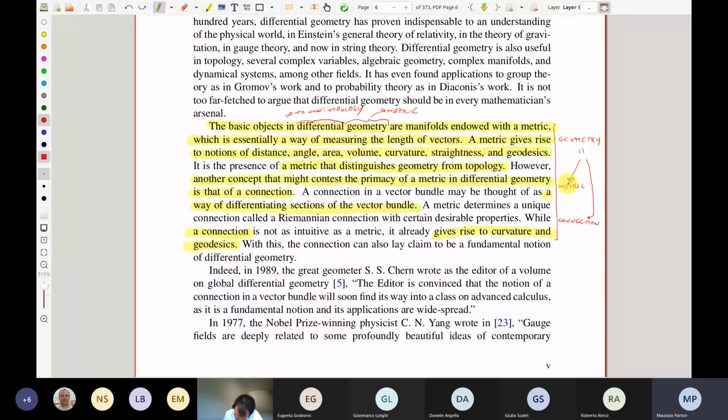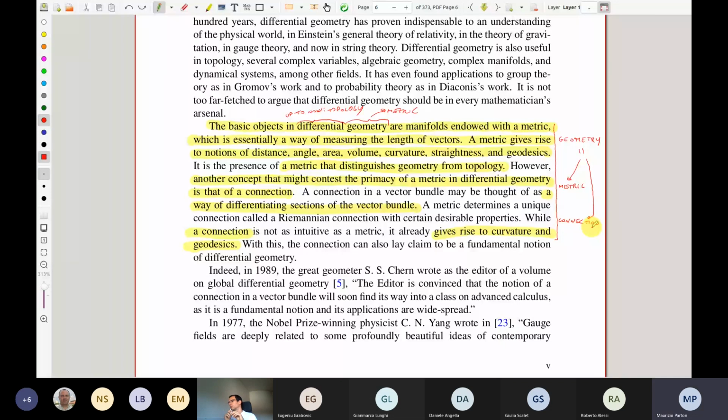And this means taking the derivative of this vector with respect to a certain direction on the surface. Okay, so taking these derivatives, in some sense that we will make more explicit in this lecture, is the notion of connecting two different tangent spaces between them.